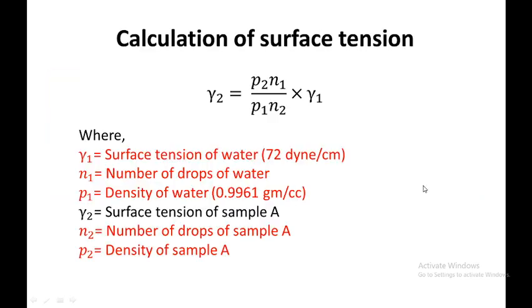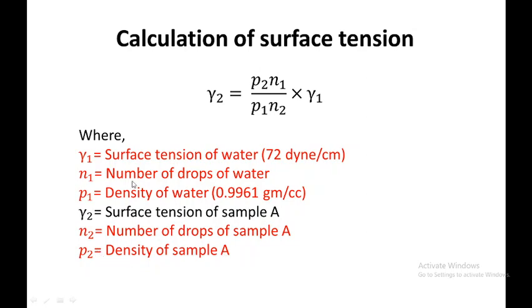The surface tension of the liquid is calculated using this formula. Just see the numerator, rho 2 into N1 divided by rho 1 into N2, into the surface tension of water. Here rho 2 indicates the density of sample A, which we have already calculated.